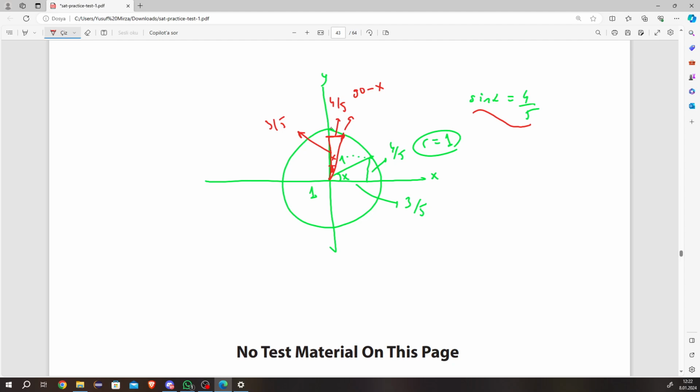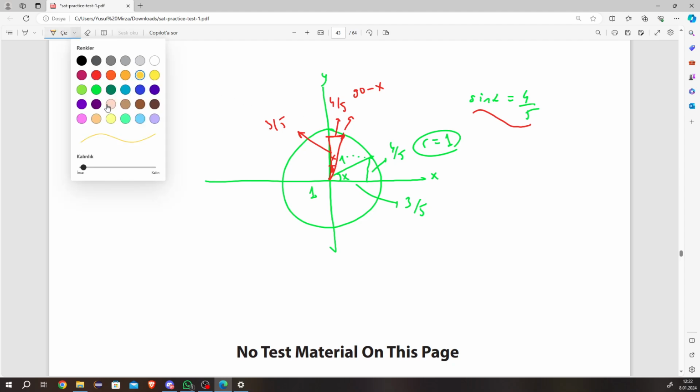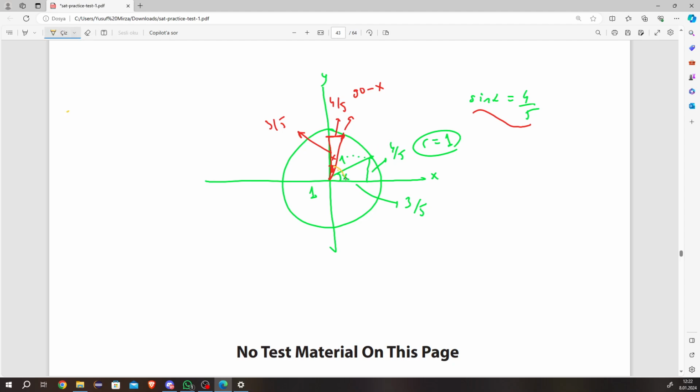So let's look at the bigger version. And if we want to find cosinus of 90 minus x, we should find it here. And how can we find it here?